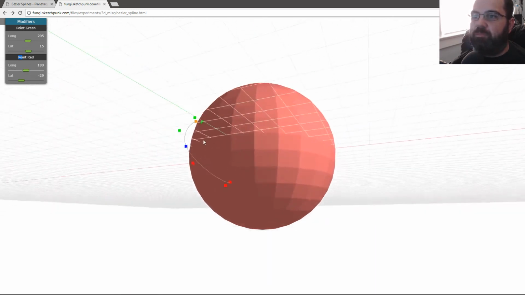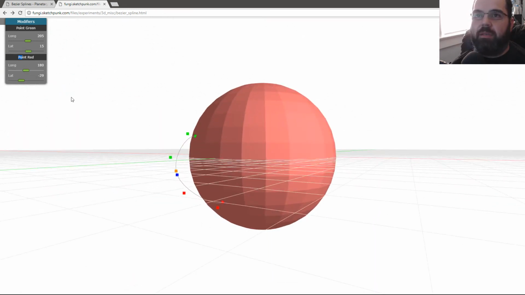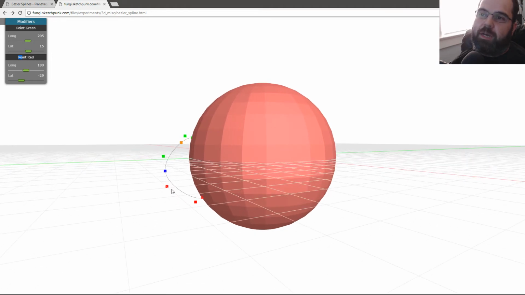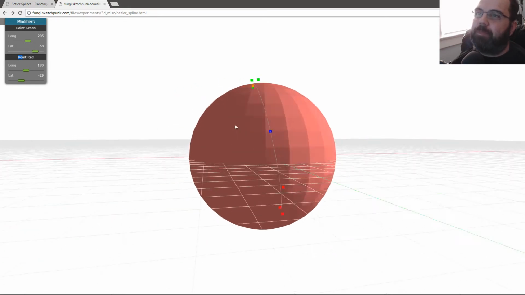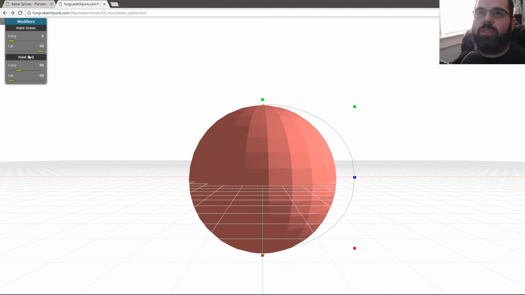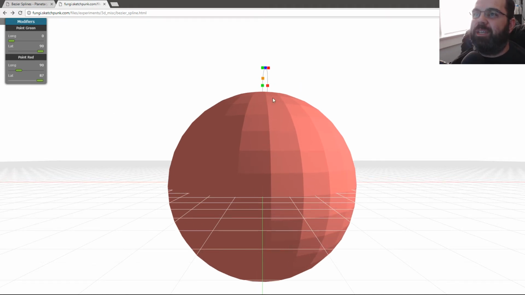But this one's cool. You can pick any 2 points, and just like the 2D, it figures it out. It doesn't do as good a job with the curvature at a certain angle, but once you go past a certain point, it curves a little better. I always enjoyed pushing it up above and zooming in.